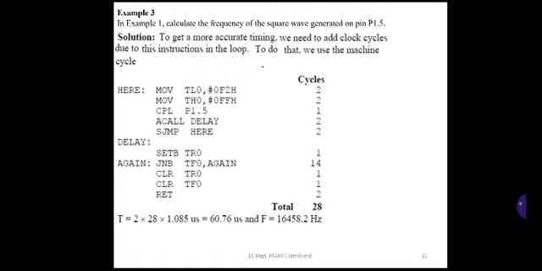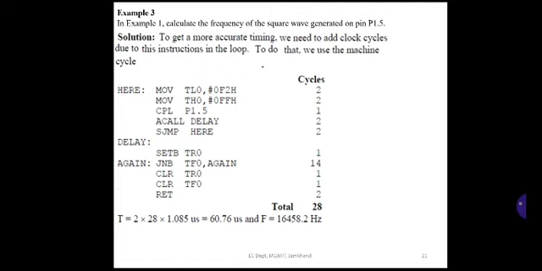Example 3. In example 1, whatever we have discussed, calculate the frequency of the square wave generated on pin P1.5. To get more accurate timing, we need to add clock cycles due to the instructions in the loop. To do that, we have to use machine cycles. From where do we get the machine cycles?